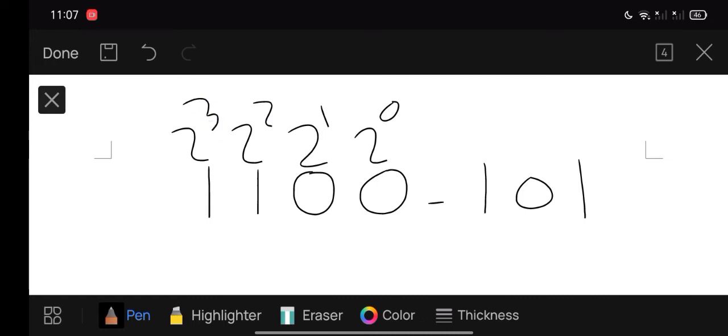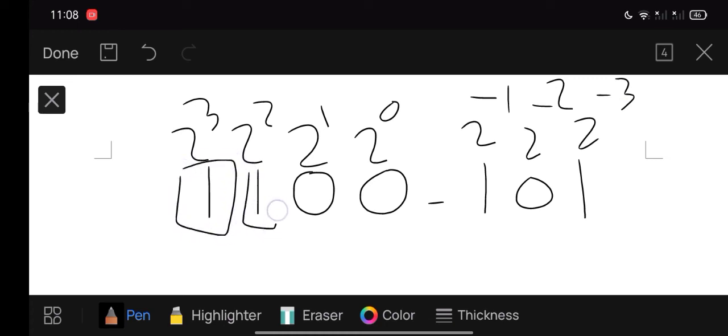What about the numbers to the right of the decimal? Well, if we follow the pattern of exponents that we see here, the number that's less than 0 is negative. So this has to be associated with 2 to the negative 1, and then 2 to the negative 2, and then 2 to the negative 3. Just like before, we're going to focus on the values that bear a 1.